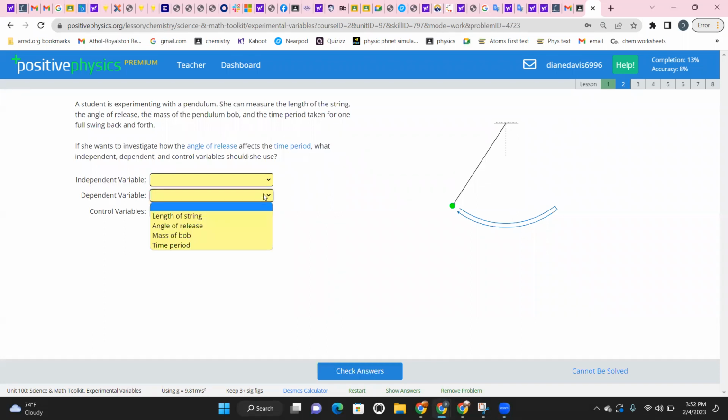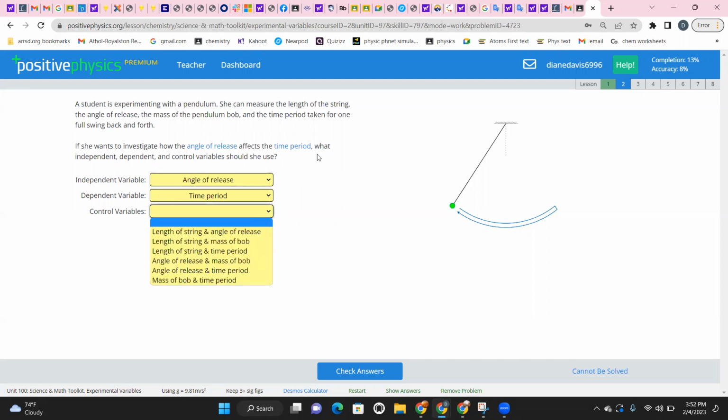So the dependent variable would be the time period, and what she is changing is the angle of release. So she changes the angle of release to see how that affects the time period. So the time period is depending upon her angle of release.